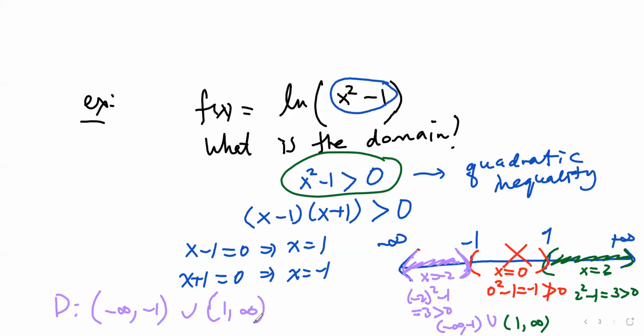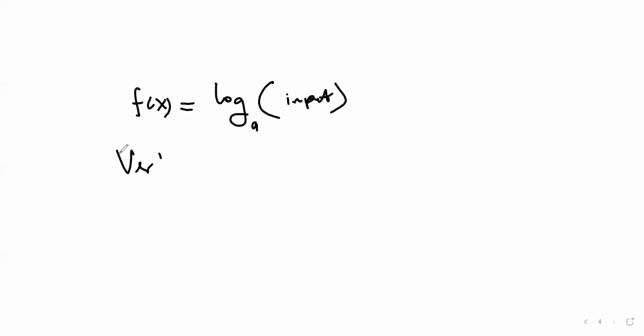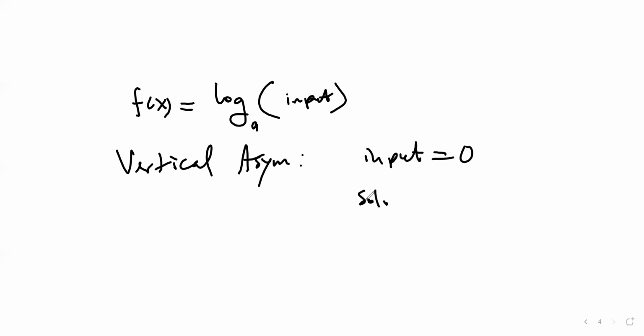Okay. Now this will be useful when you're actually graphing a log function as well. The log function will also have something called a vertical asymptote. So let's say this is log base a, and this is again an input. A vertical asymptote is going to be input equal to 0, and then solve this.